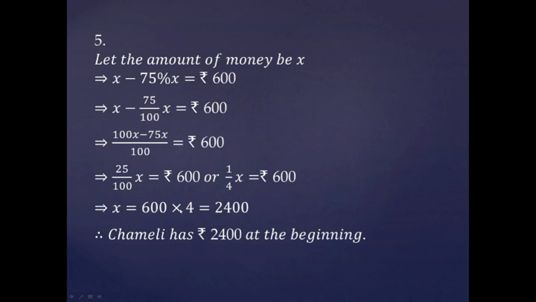X equal to 600 into 4. If 1 is there at the denominator in mathematics, we need not write it. So 600 into 4 equal to 2,400. So actually Chameli has rupees 2,400 at the beginning.